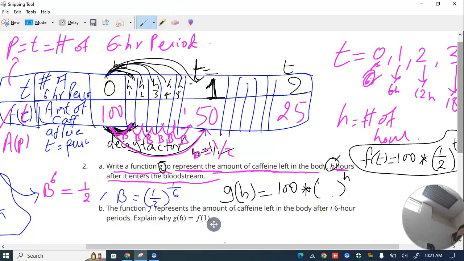I made a mistake here, so let me write it nice and neat.